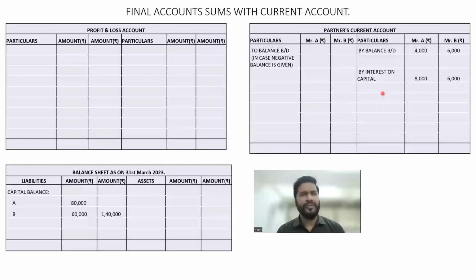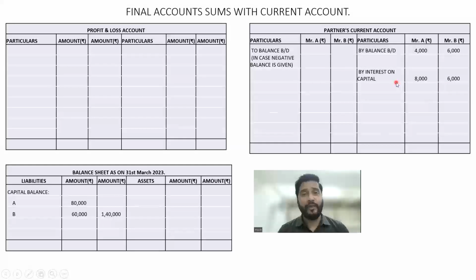If I assume it is 10%, then always go to the capital balances and find 10% of them. If 80,000 is the capital, 10% would be 8,000. Just like that, on 60,000, 10% would be 6,000. This is effect number one in the current account.